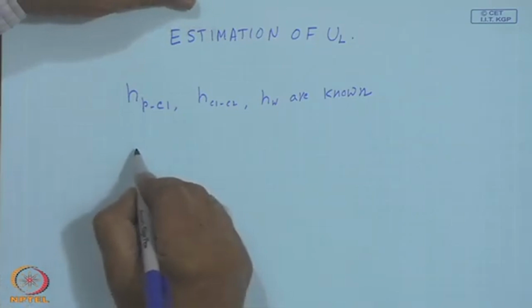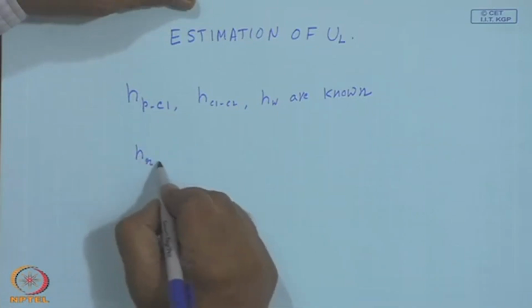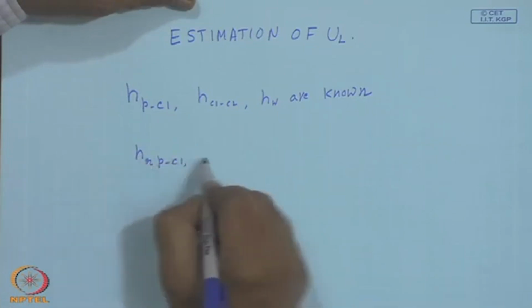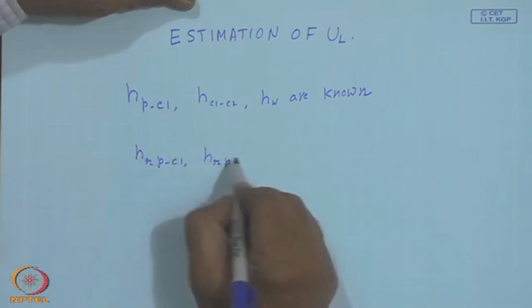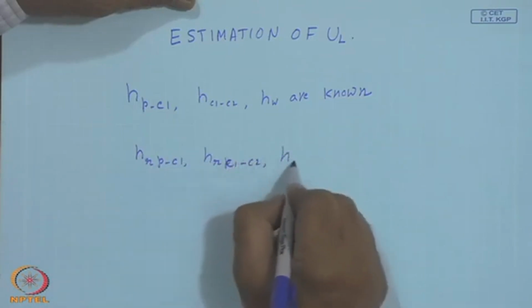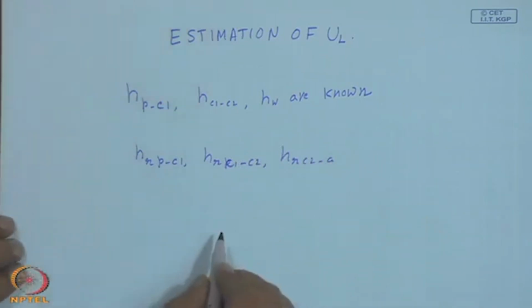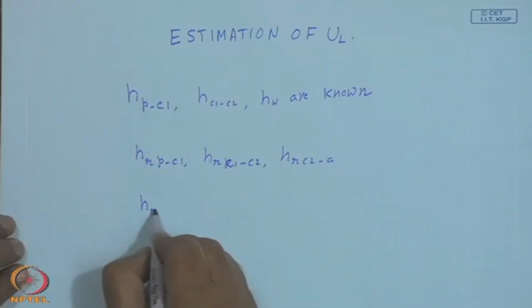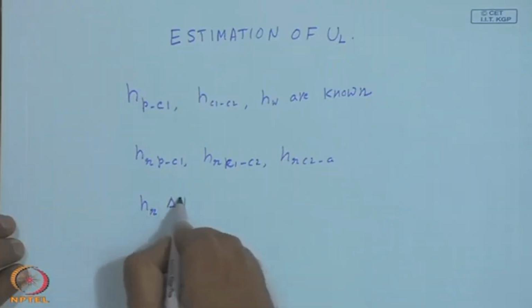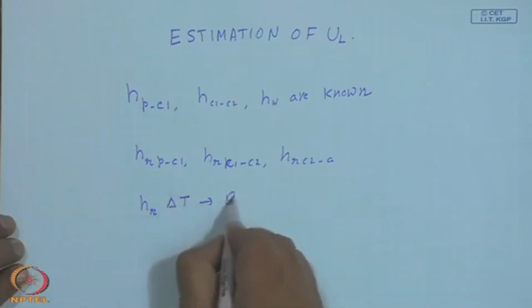Now, which we also have got h_r p to c1, h_r c1 to c2, and h_r c2 to ambient. These are radiative heat transfer coefficients, which in general h_r multiplied by some delta T gives the radiative loss.